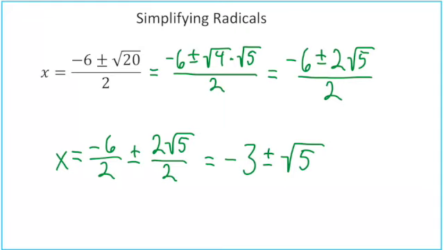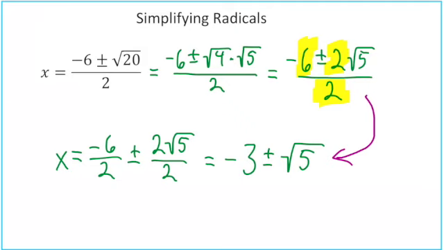In fact, if you recognize that the bottom factor can be simplified out of both this number and this number, you can probably go directly to your answer without splitting it into two separate fractions.